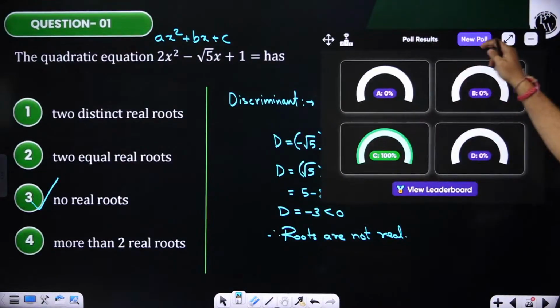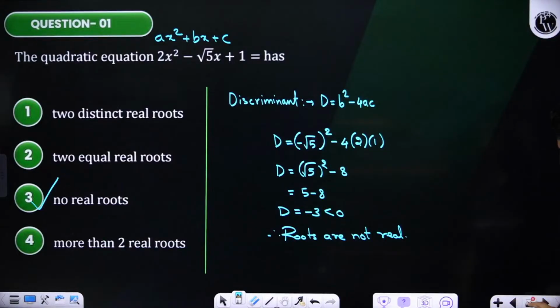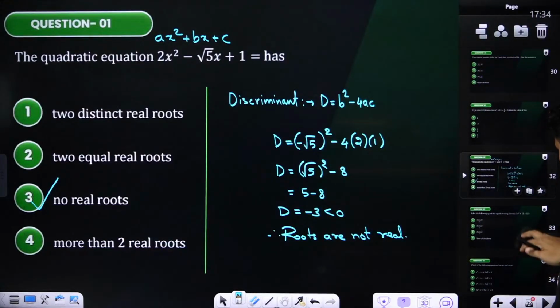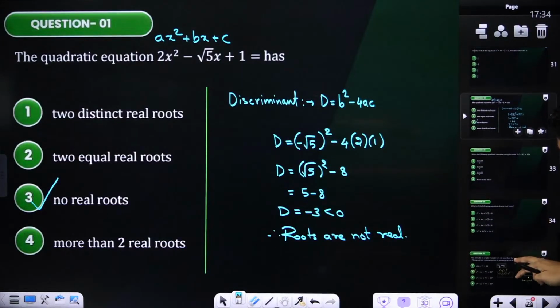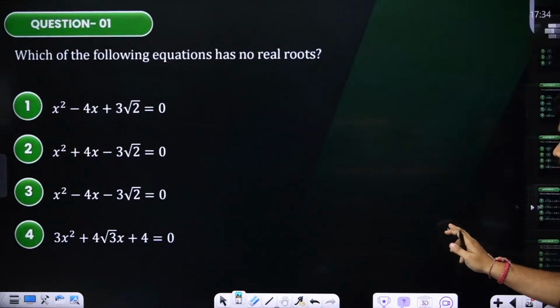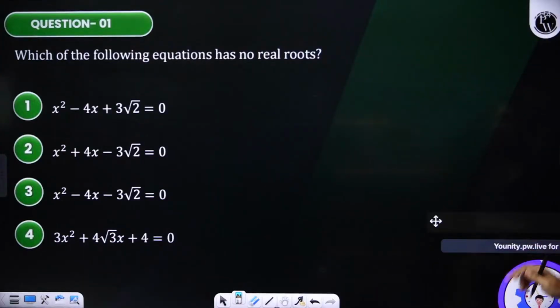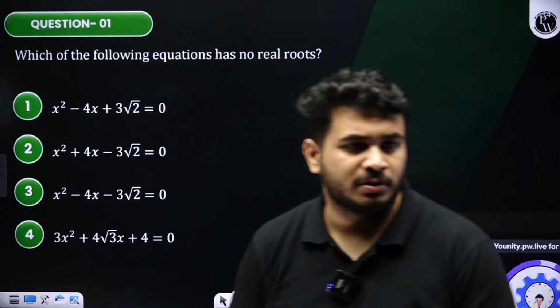Done, everyone? Clear? Fine. Next problem, if you see over here. Do this problem, students. Which of the following equations has no real roots?